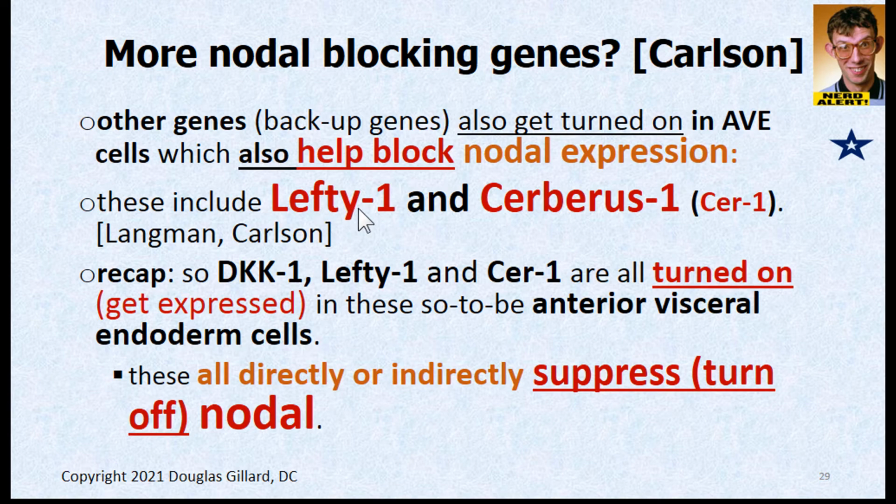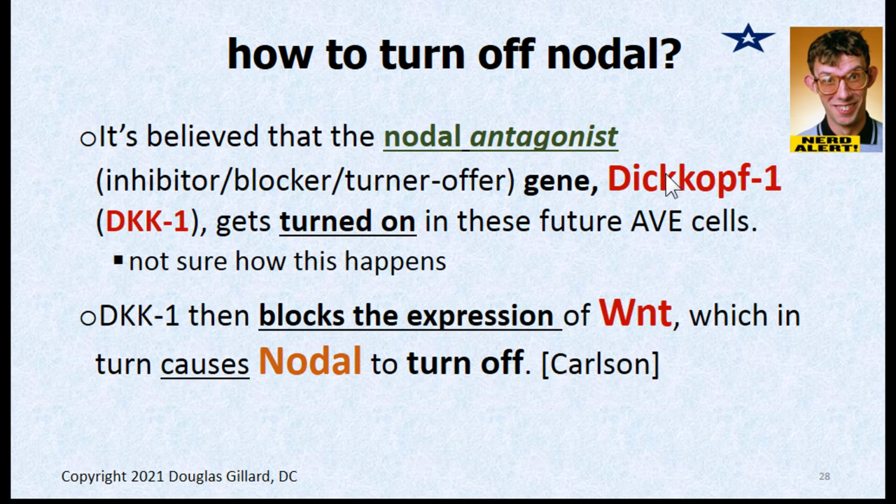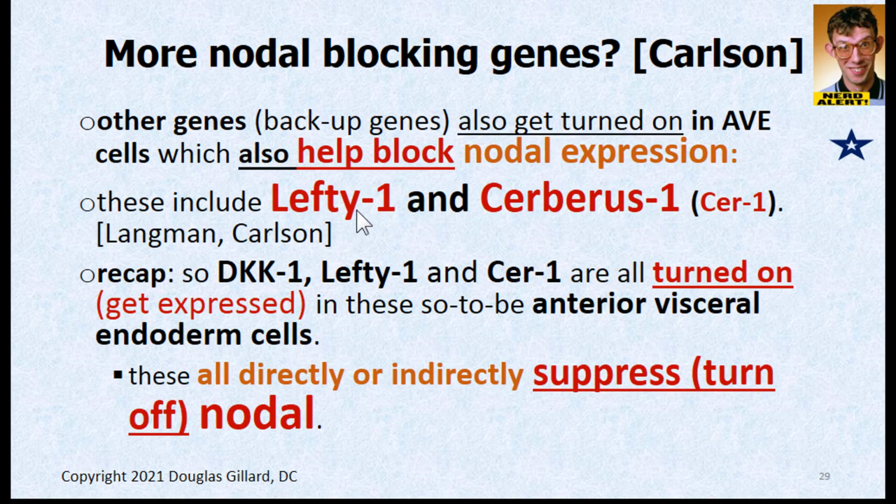But they're also turned on, and they also have the ability to turn off Wnt. So if there's a mutation in DDK1, it's okay because Lefty 1 or Cerebrus 1 could also turn off Wnt. So bottom line, DDK1, Lefty 1, and Cerebrus 1, or CERB1, they all have the ability to turn off nodal by turning off Wnt.